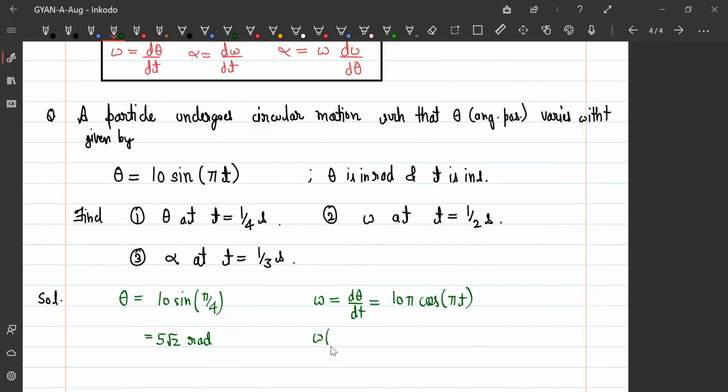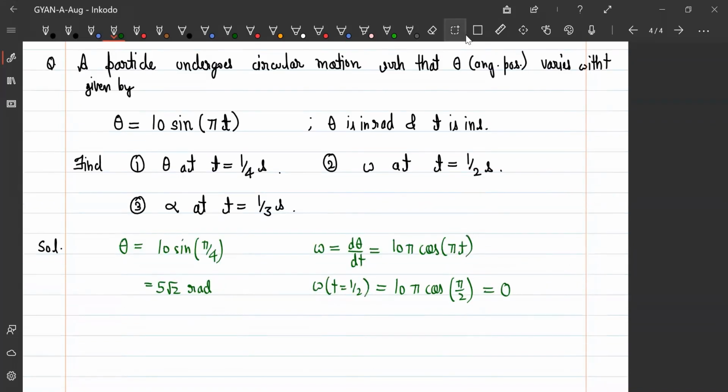So I need to find omega when t is equal to half. So t को half put कर देंगे, and that would be 10 pi cos pi/2. Cos pi/2 होगा 0. So omega at t is equal to half second will be 0.